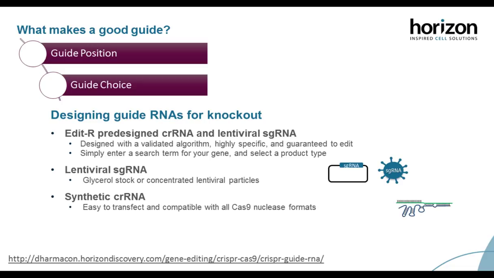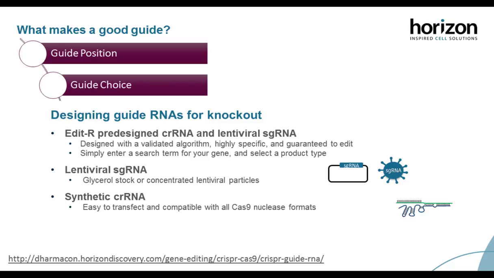Pre-designed guide RNAs are great for a knockout, but for a knock-in, the cleavage site has to be as close as humanly possible to the alteration site. So you will probably need to design your own guide RNA for this. As I said, we have this design algorithm available for you to use, and it is really user-friendly.